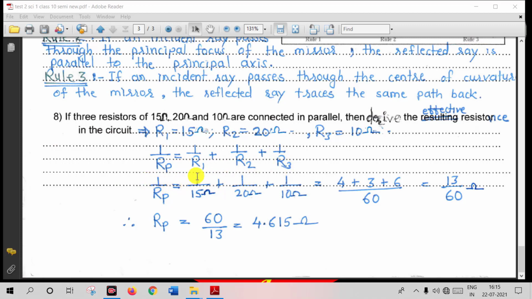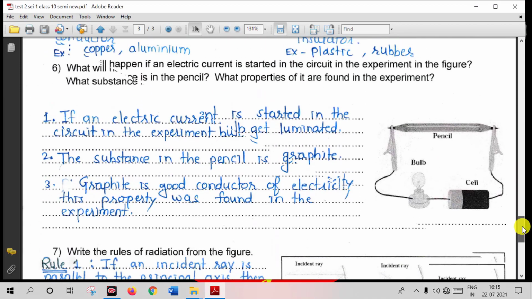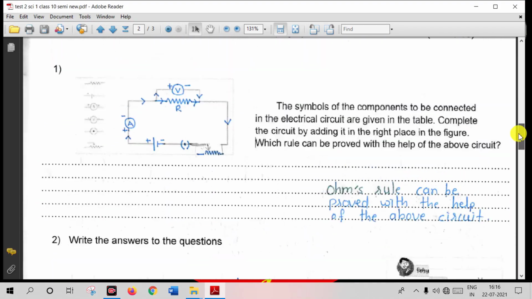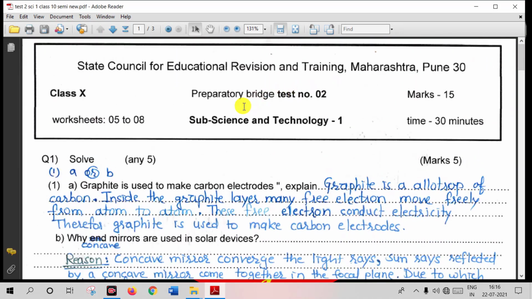Then put all the values of R1, R2, R3 in the formula and we get 1 upon Rp is equal to 1 upon 15 ohm plus 1 upon 20 ohm plus 1 upon 10 ohm. After solving this sum, we get Rp, that is effective resistance, is equal to 4.615 ohm.